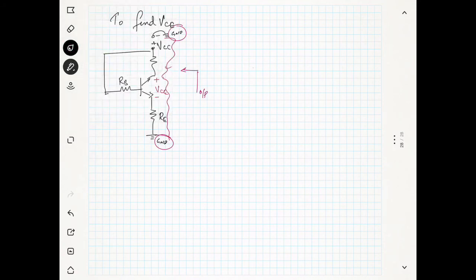You can see we'll start from the ground, so starting with minus. For KVL, we can say this is loop 2. KVL along loop 2 is minus VCC, then this is RC.